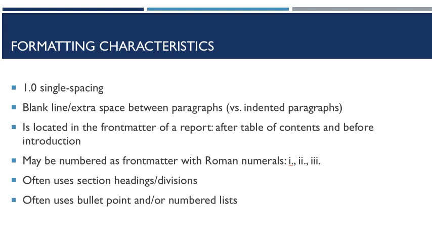And it's almost always located in the front matter of the report, but after the table of contents, so that the table of contents, which says here's everything in this report, can also mention the executive summary. So table of contents, any other front matter, the executive summary, and then eventually you get into the actual report.